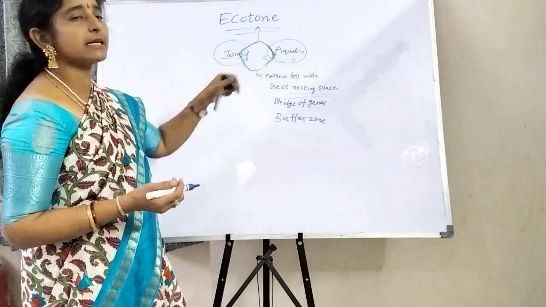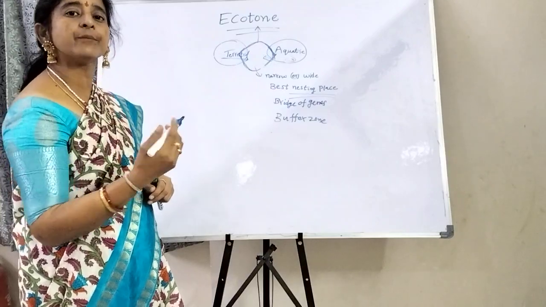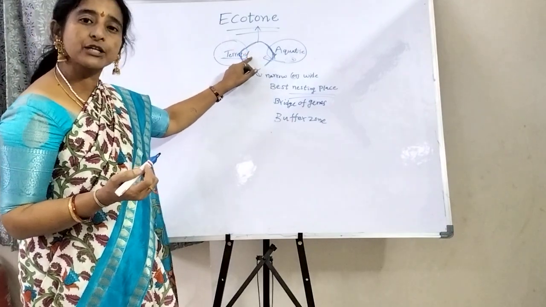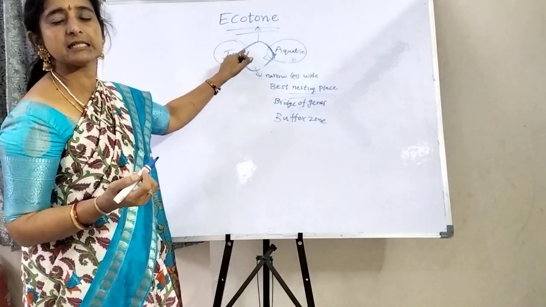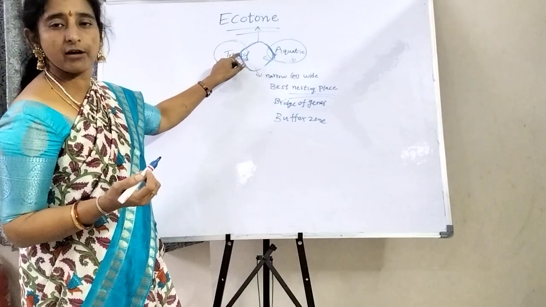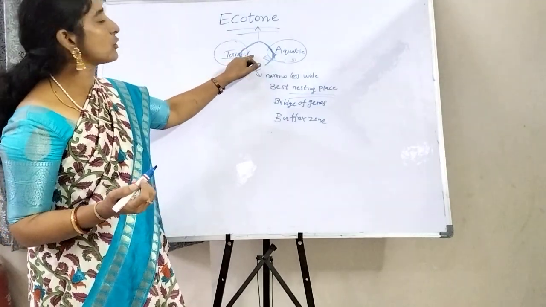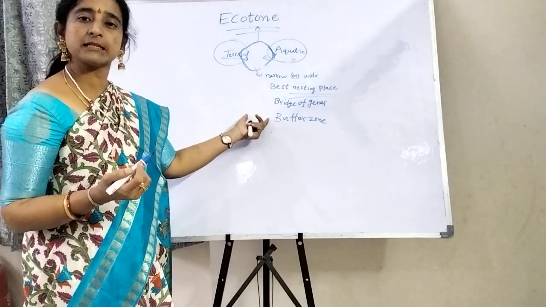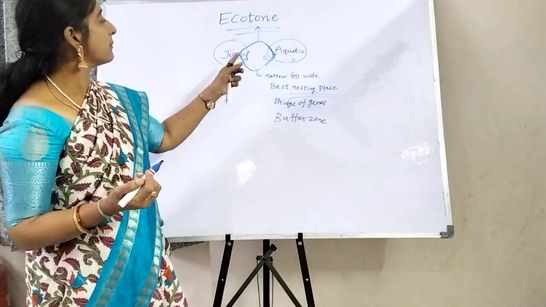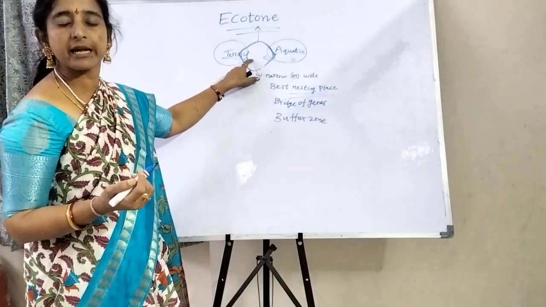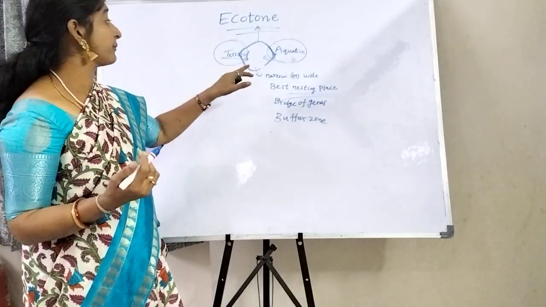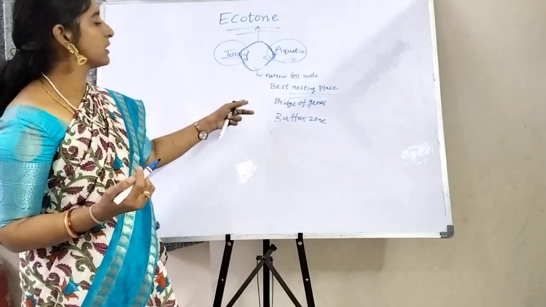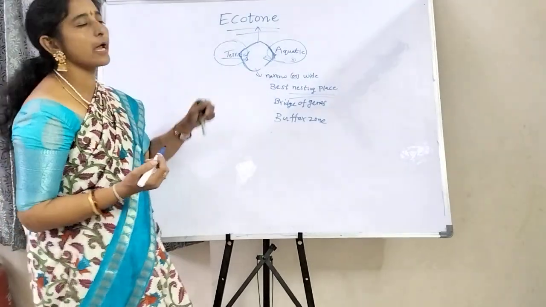The eggs are automatically protected by this environment. That's why this ecotone region is a very important factor especially for birds. Many times we observe the edge effect influenced by these birds. So that is the special thing of the ecotone.